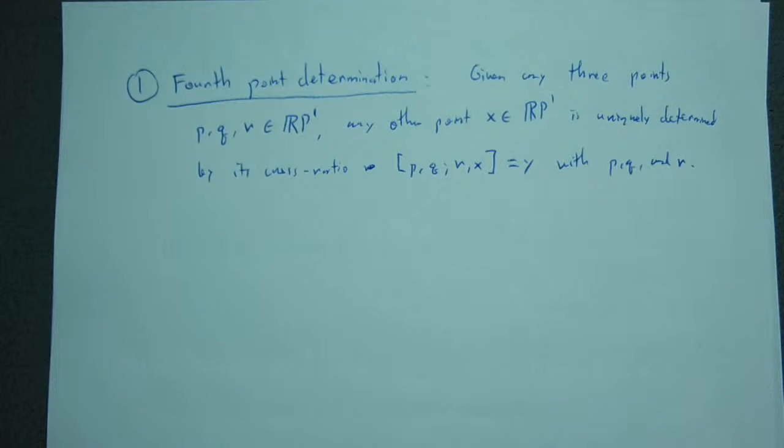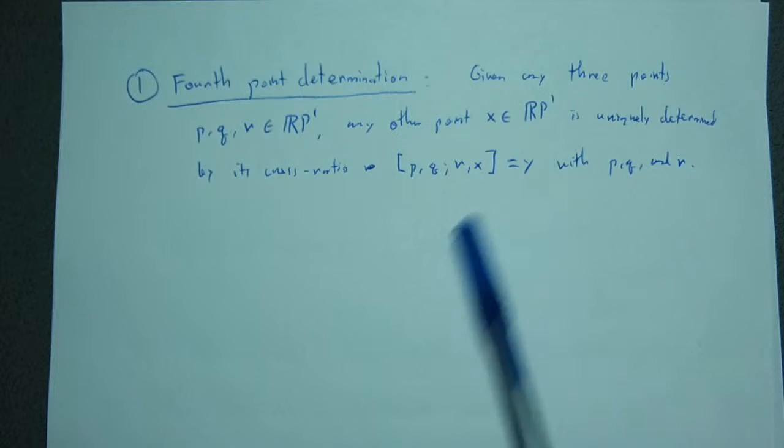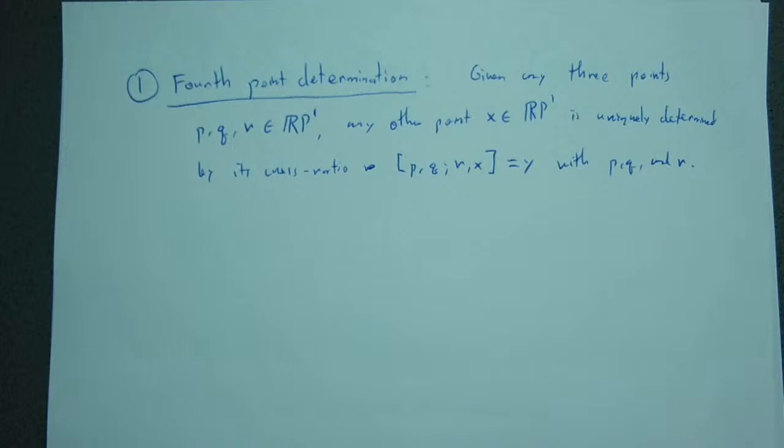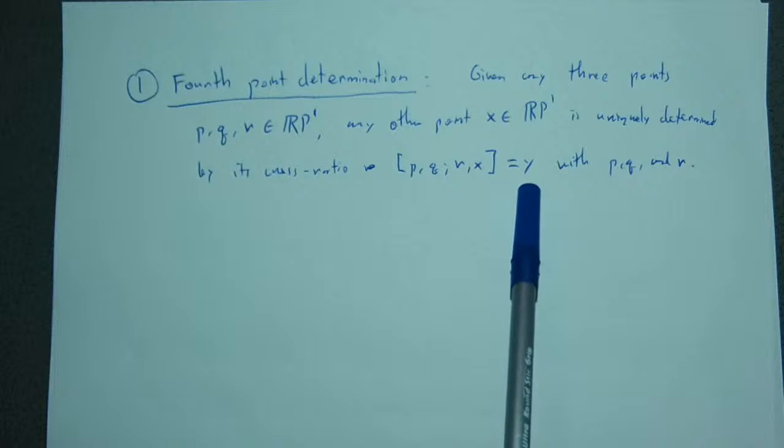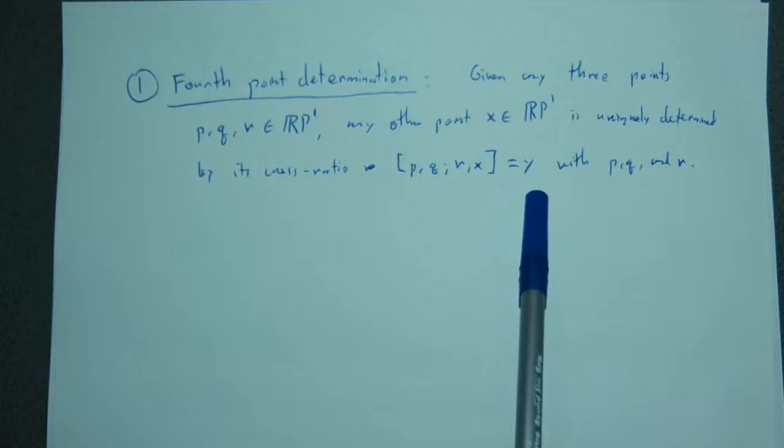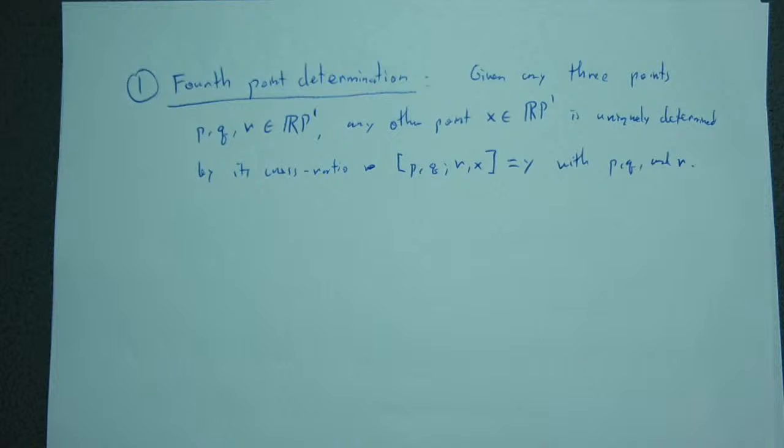So this is what's meant by fourth point determination. Given any 3 points, any other point you want to come up with is uniquely determined by this cross ratio. So, said in another way, given these 3 points, if we knew that their cross ratio with a fourth point is Y, then this point X is uniquely determined. There's only one choice there.